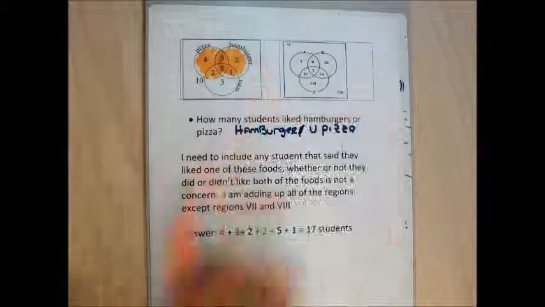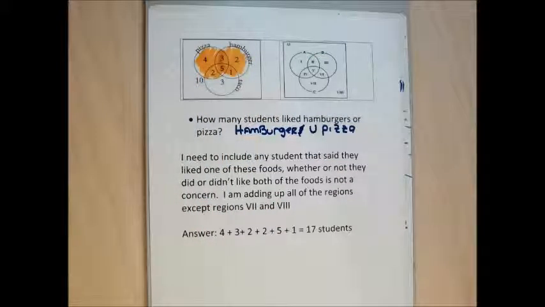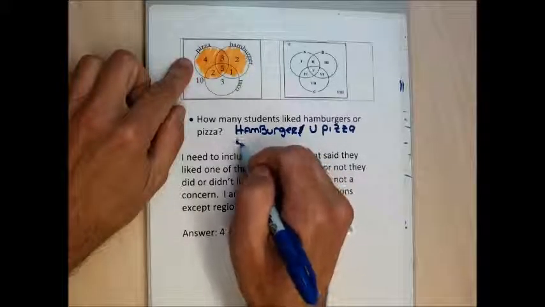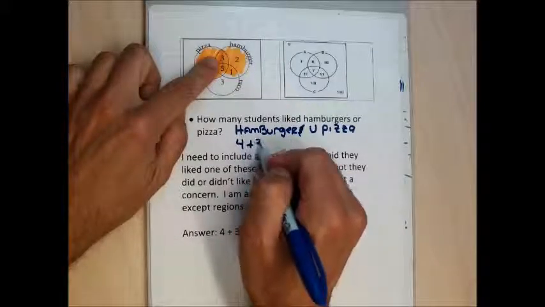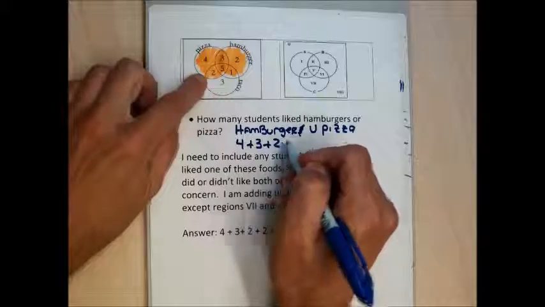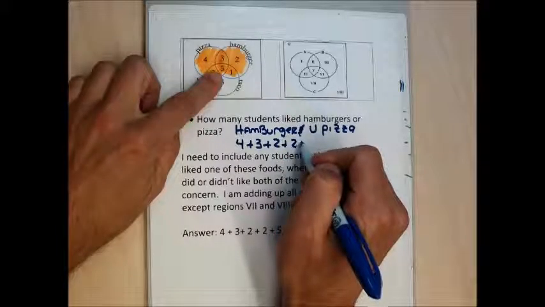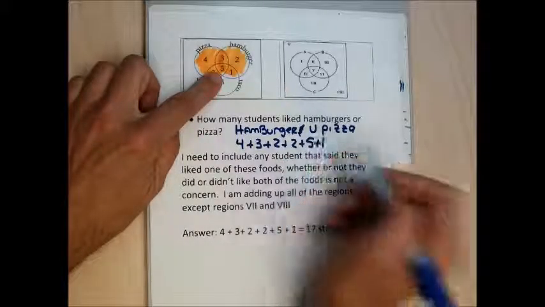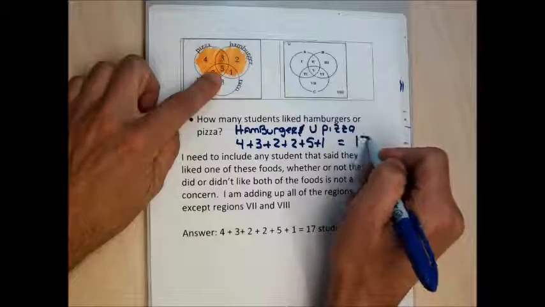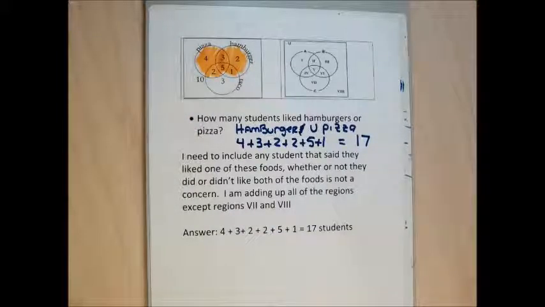So or is a union problem. I shaded both circles in orange, and now I'm going to add up all the numbers represented there. So 4 plus 3 plus 2 plus 2 plus 5 plus 1, and the answer is 17 students.